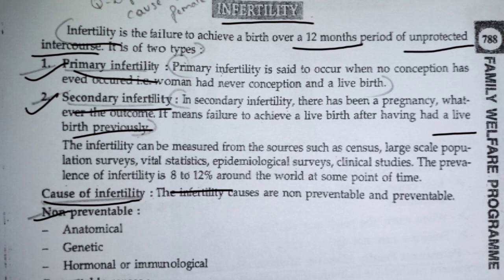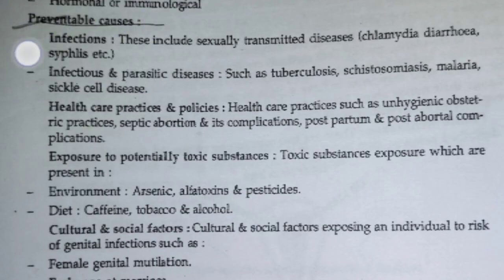Like if it is due to any genetic problem, heredity problem, or anatomical problem, or a hormonal imbalance, it can be managed, but we can't assure that 100% it will be cured. For preventable causes, we have infections in various ways, like sexually transmitted infections, or normal infections, or hormonal imbalance, or any deficiency. These health conditions can delay pregnancy.